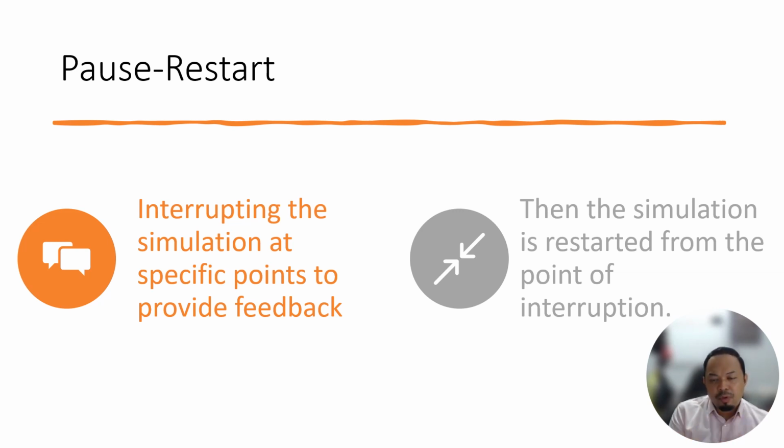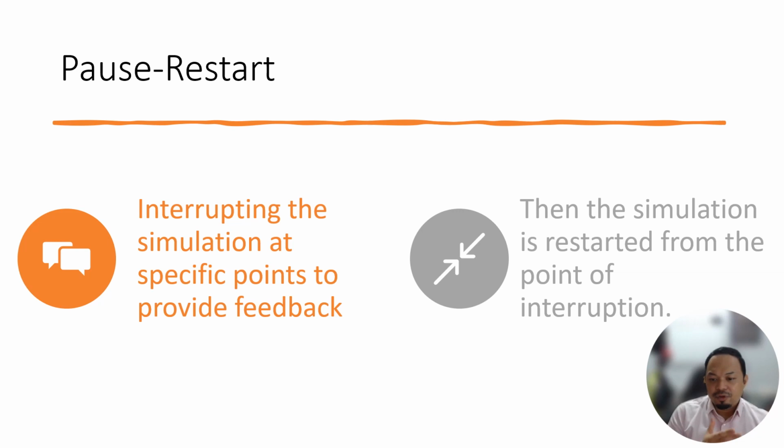You will pause when you see any error or any major or critical event that you want to highlight to the participants. So it allows participants to reflect on and analyze their progress and identify areas for improvement.